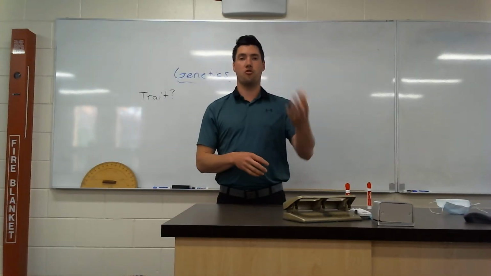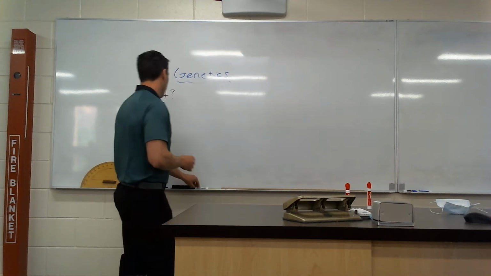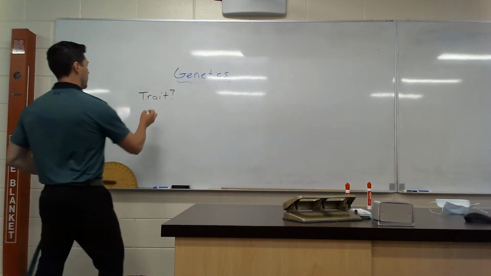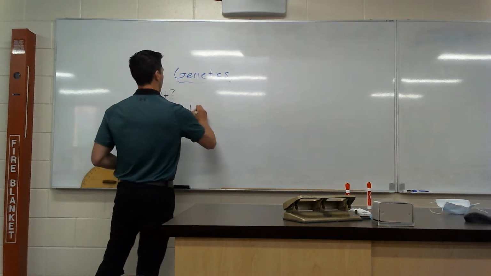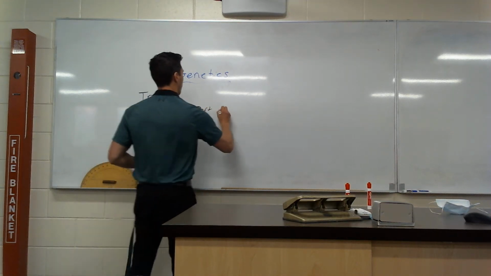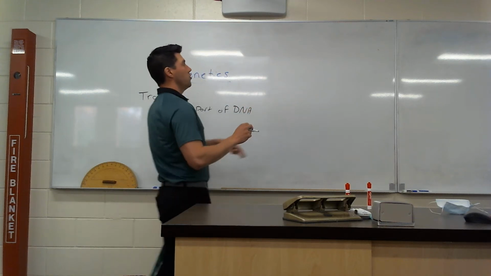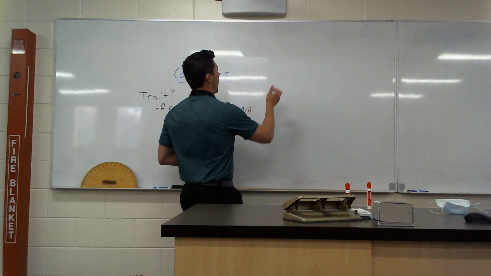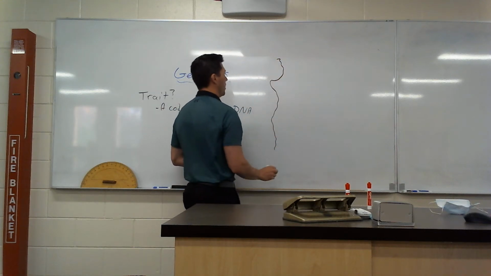Now, what is a trait? A trait is one little coded part of our DNA. If I were to draw a very bad picture, let's say this is our DNA strand.